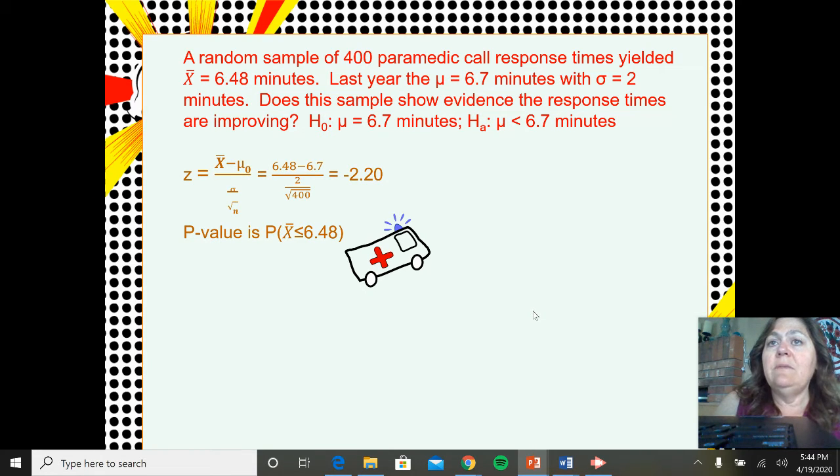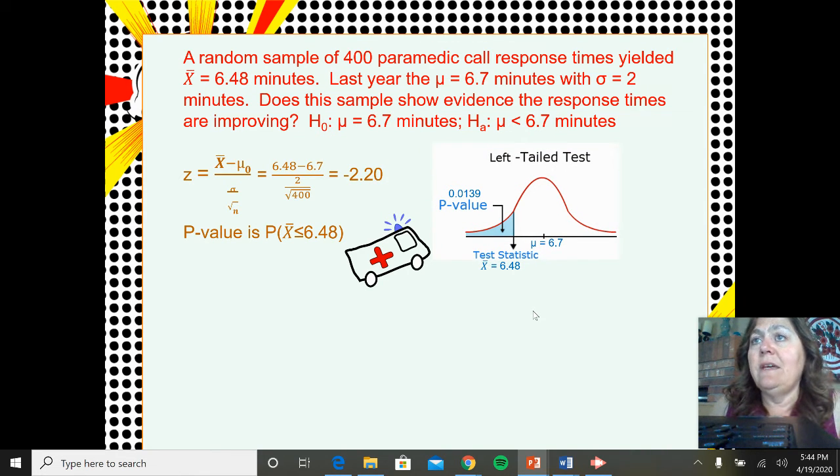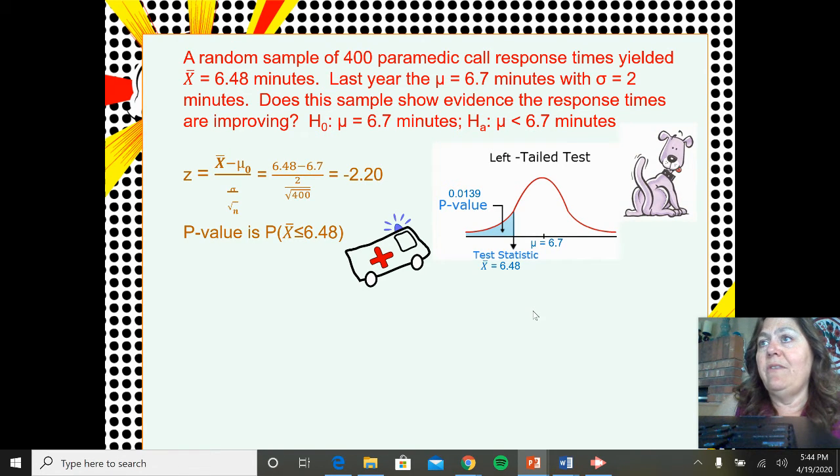So this p-value is left-tailed, that's why it's called a left-tailed test, my Z being negative because my sample statistic is less than the hypothesized. If I go to the Z table, negative 2.2 goes to 0.0139 on the table.